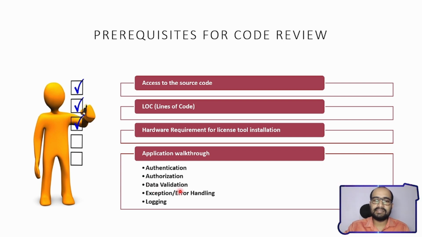Also, what kind of data validation there is, and how the developer handles exceptions and errors. And is there any mechanism for when sensitive information or crucial events of the application are written to the log? This information you need to confirm with the developer.